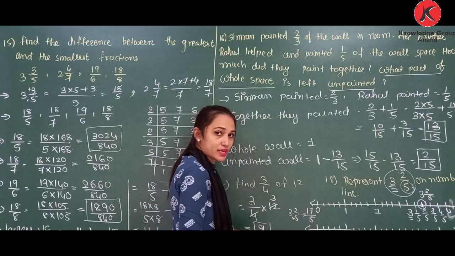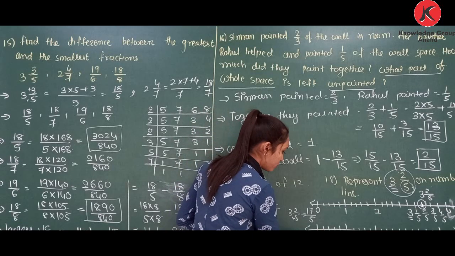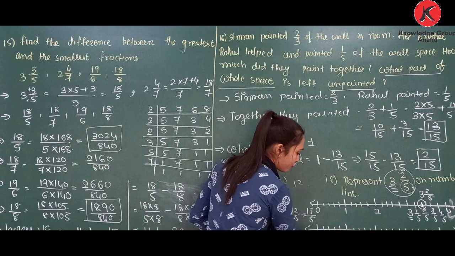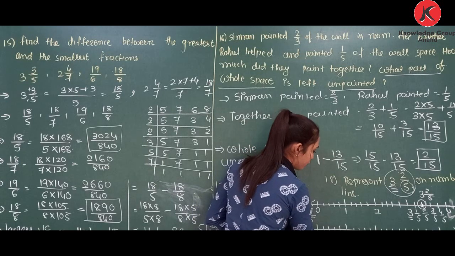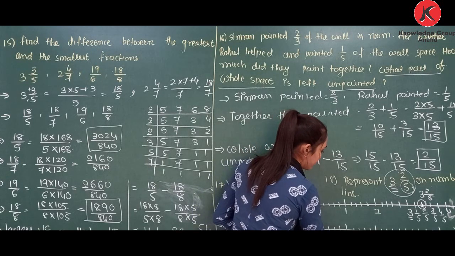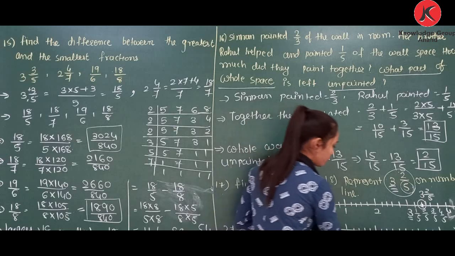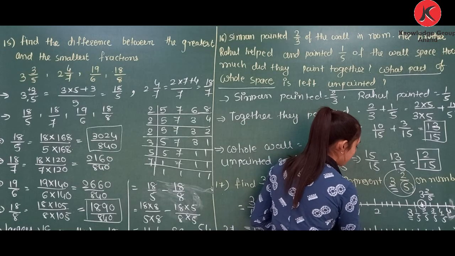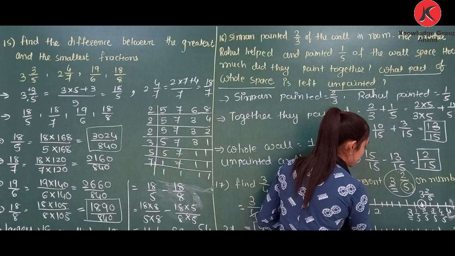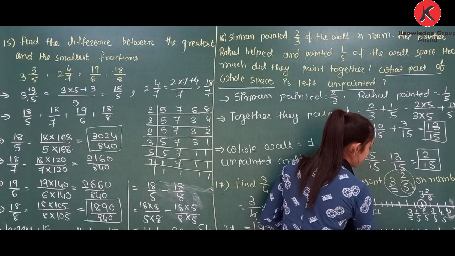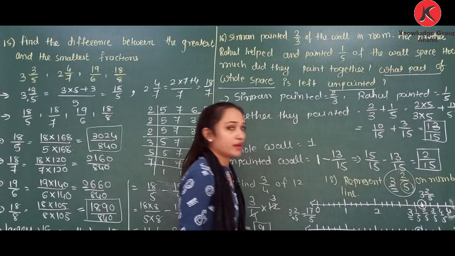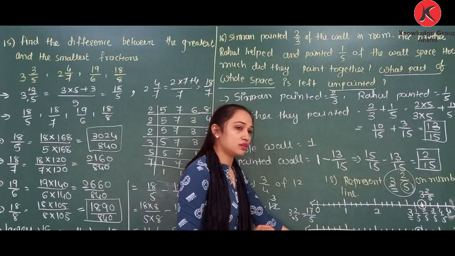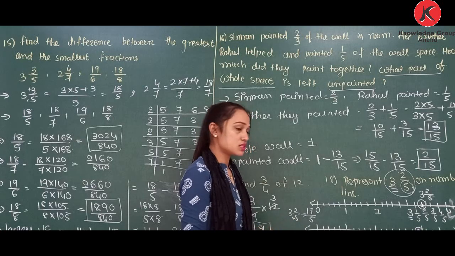So this is 17 by 5, or you can say 3 2 by 5. You can represent it like this, or like this. Both are the same. Clear?